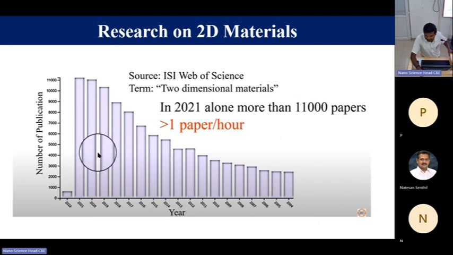In 2021, usage of 2D materials was very low, even then you can see it was large. In 2022, at that time, it was one paper per hour. Now it is more, not one paper, it's more than 3 or 4 papers in 2024. In that way, 2D materials play a vital role in the material science aspect.